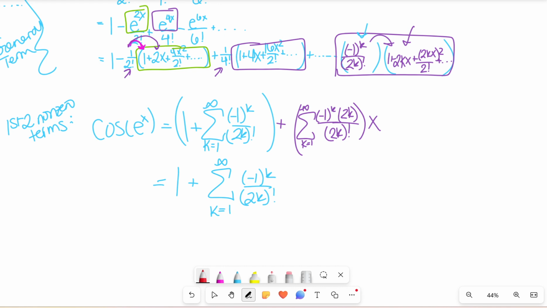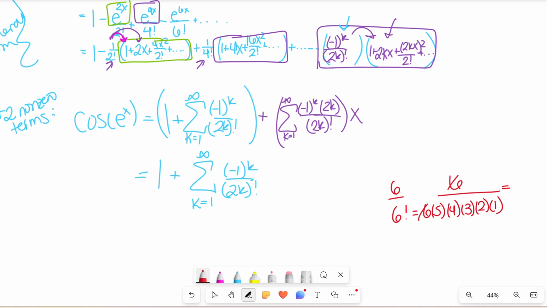If I have 6 factorial, and remember this is 6 times 5 times 4 times 3 times 2 times 1, so let's say I have 6 over 6 factorial. That means I have 6 over all of this. Notice how my 6's cancel. So I'm left with 1 over 5 factorial. So to get from here to here, I'm just subtracting 1.